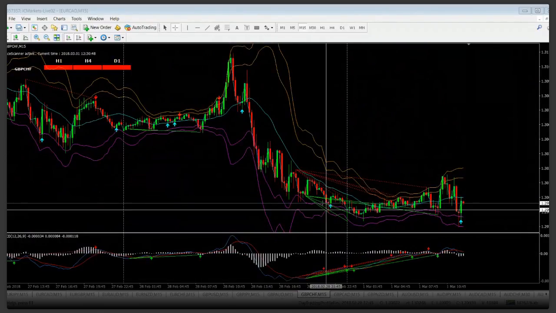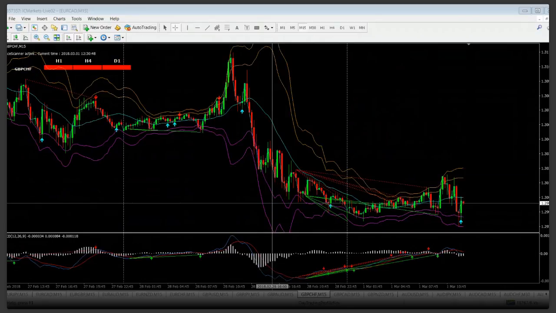Okay, so I'm going to take that British pound Swiss franc trade.